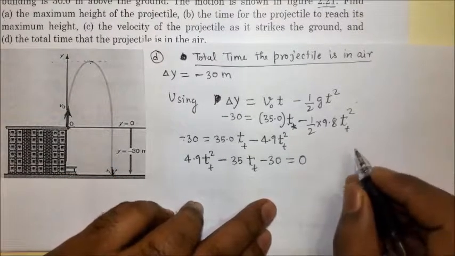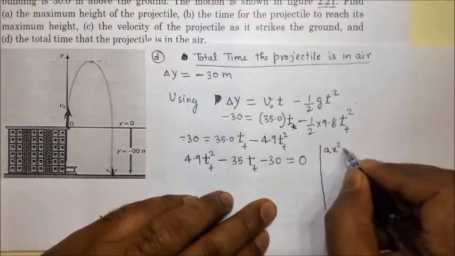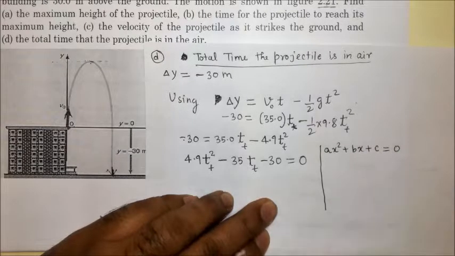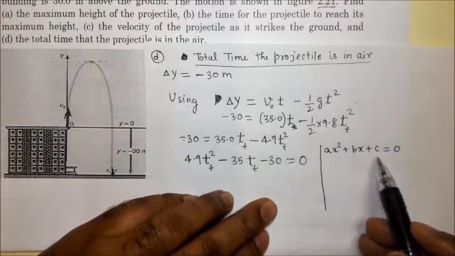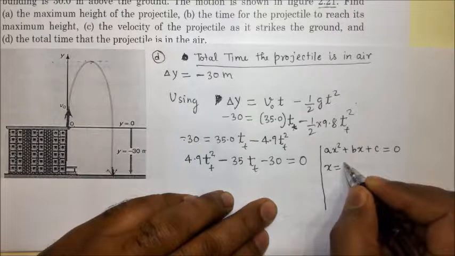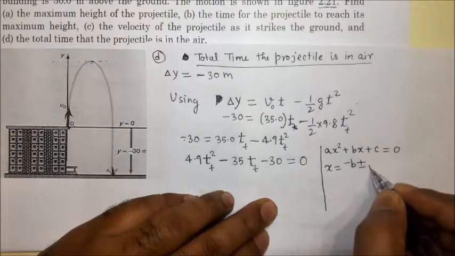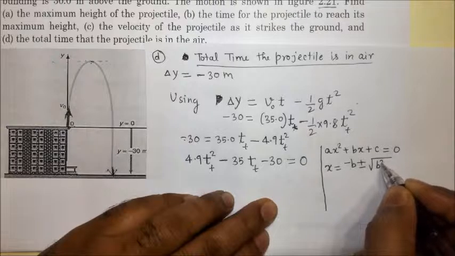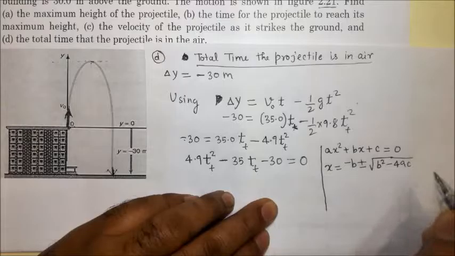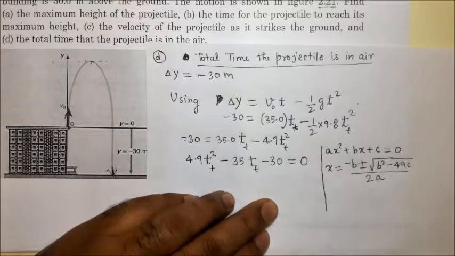This equation looks like, you might have learned in your math class, if you have ax square plus bx plus c is equal to 0, this is called a quadratic equation. The solution of this equation is x is equal to minus b plus minus square root of b square minus 4ac divided by 2a.